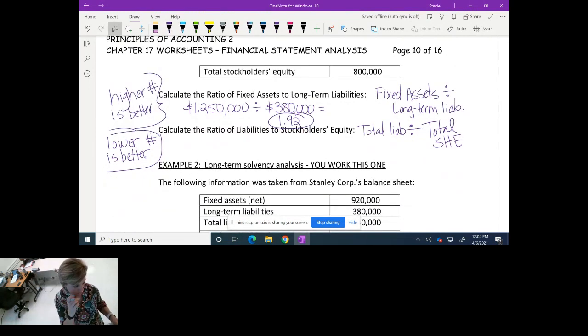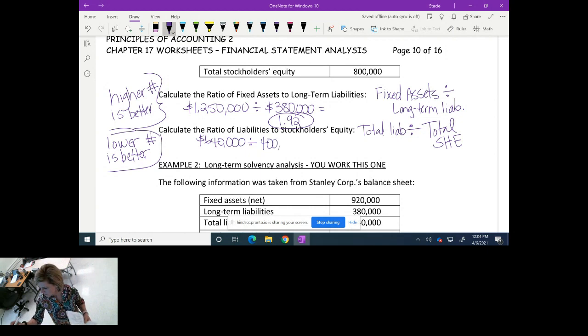Then this next one, you are taking your liabilities and dividing by stockholders' equity. I mean, they've made it really easy. When you get that big problem, you have to be able to come up with some of these numbers, so I kind of want to do it twice.